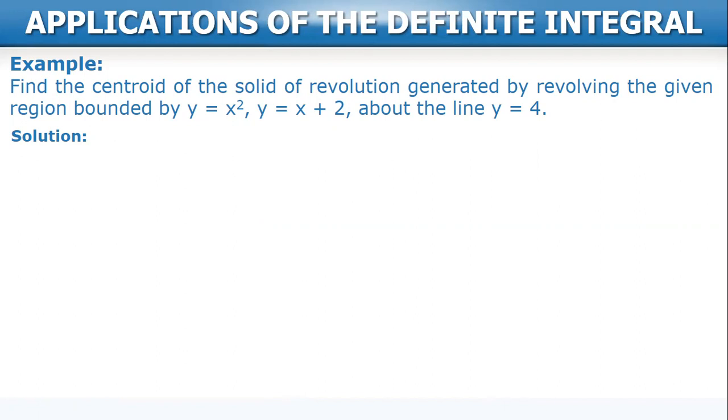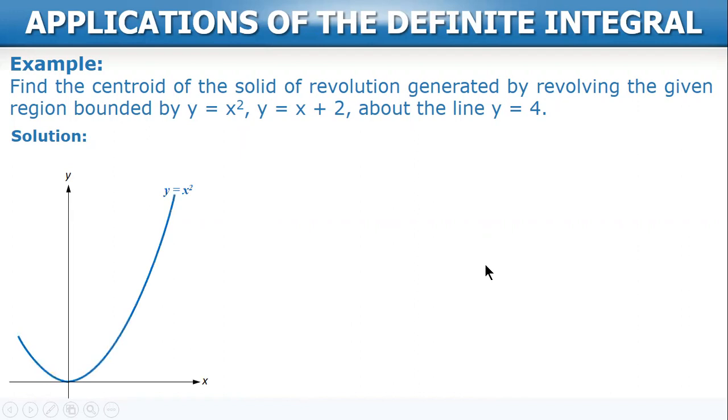So first, i-graph na to ang curves. Y equal to x squared is a parabola opening upward. And then we have this line y equal to x plus 2. The slope is 1 positive. So this one, upward to the right with a y-intercept of 2.